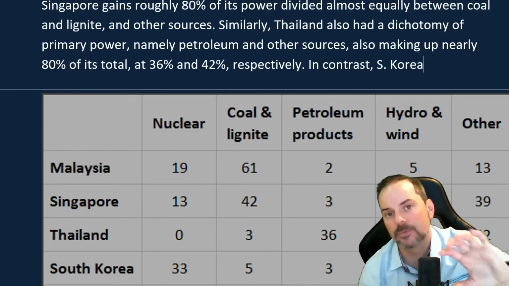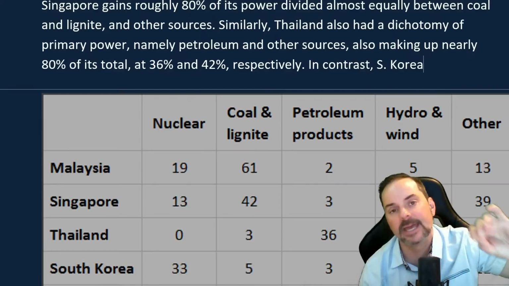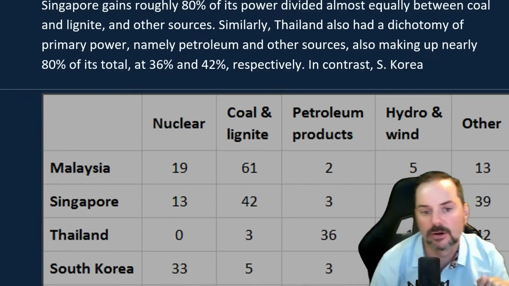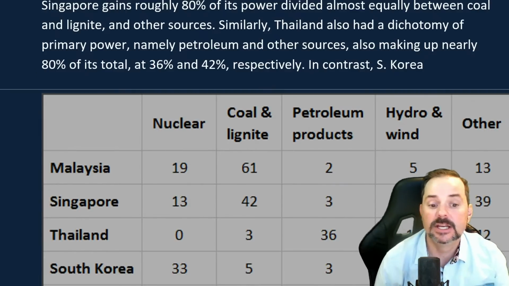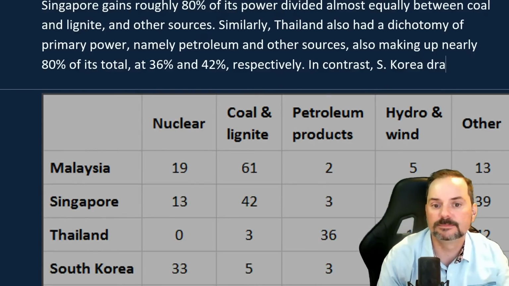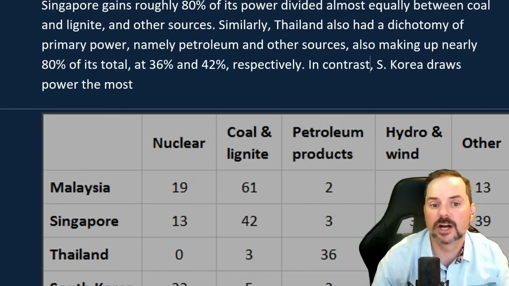I just do S Korea. I'm saving all the time, energy, spelling that I can whenever I can, which is not necessary to spell out. So in contrast, South Korea draws power the most in contrast to other countries.